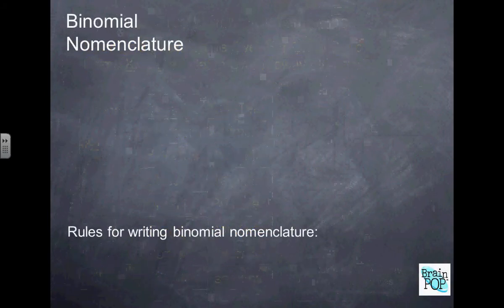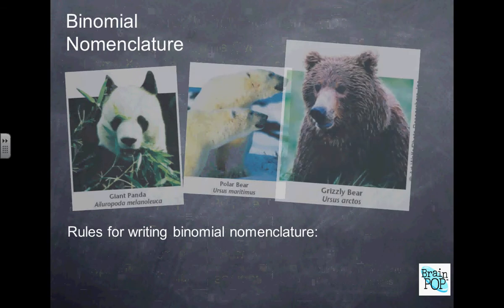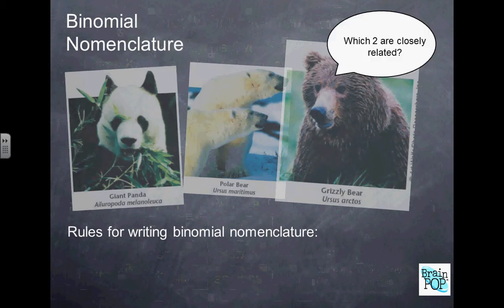All right, now just last slide for today. We have, again, the three bears. Panda, polar bear, the grizzly bear. Ailuropoda melanoleuca, Ursus maritimus, Ursus arctos. Which of these bears do you think are most closely related?